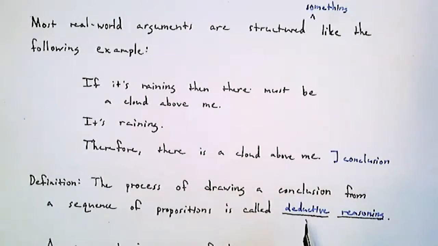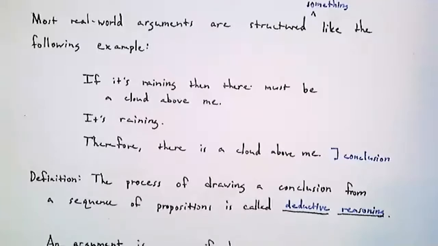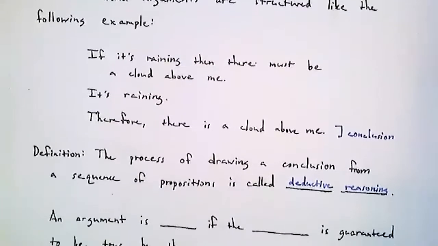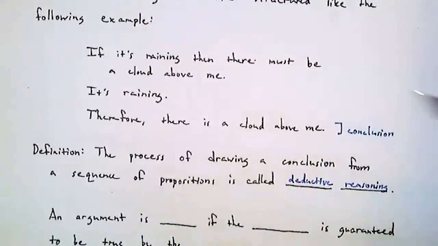If you deduce something, that means that you're using logic to draw a conclusion. So this kind of formal logic that we've been doing, and then something like this, an argument.